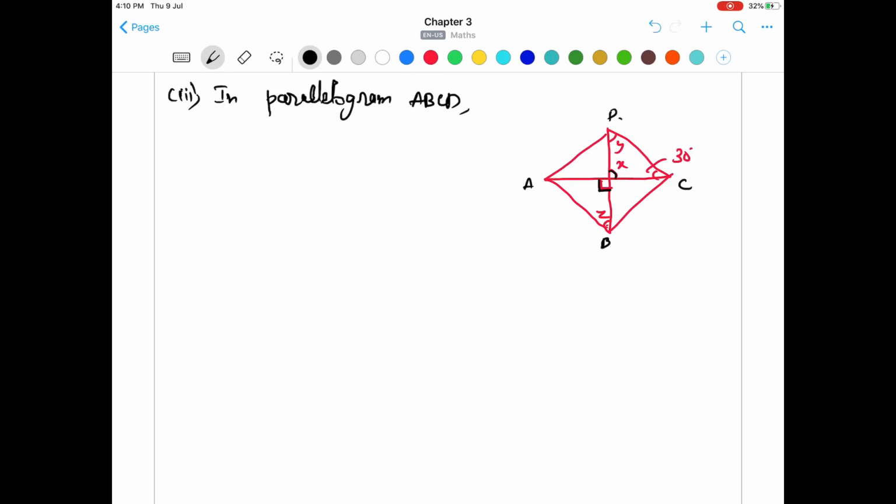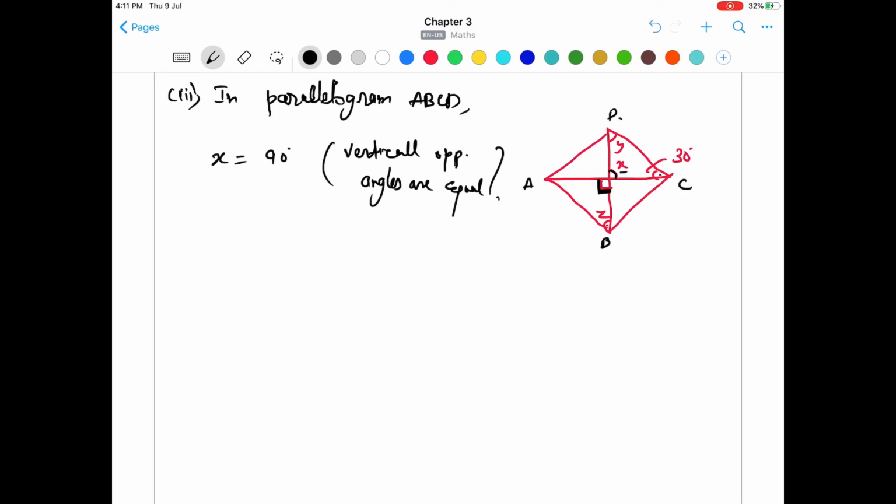So therefore x will be equal to 90 degrees. The reason is vertically opposite angles are equal. So these are the vertically opposite angles, as it is already given in the question that this is perpendicular. So we got the value of x. This angle is already given 30 degrees.